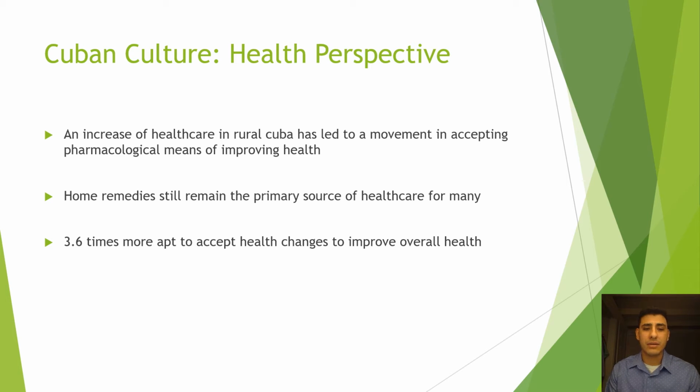An increase of healthcare in rural Cuba has led to moving and accepting pharmacological means of improving health. However, with that being said, home remedies still remain the primary source of healthcare for many. For example, hot tea for curing a cold. That still remains important to them, being able to take care of their family member at home.